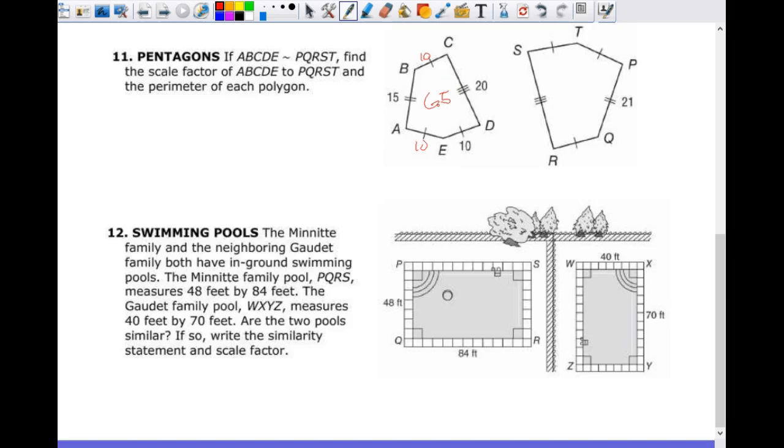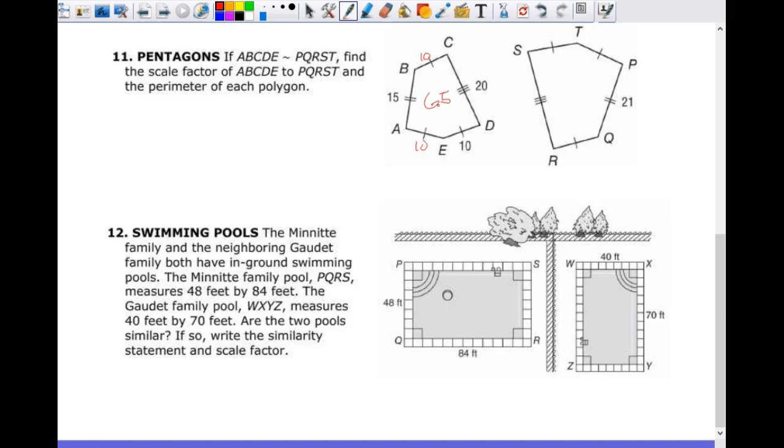Now let's figure out what this perimeter is. Okay, 21 plus, we don't know anything. We need to start figuring this out, right? So we need to figure out our scale factor first. What's the only piece of information we know on this one?